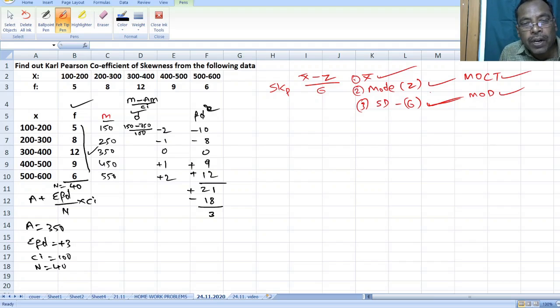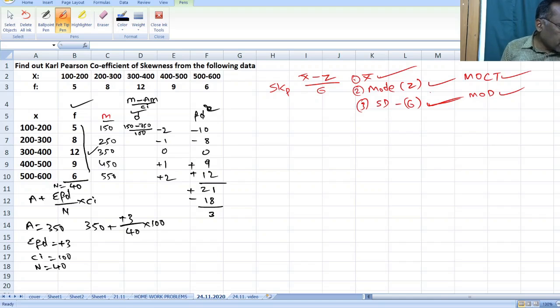Now we are going to apply this formula. So 350 plus summation fd, that is 3 by 40 into 100.